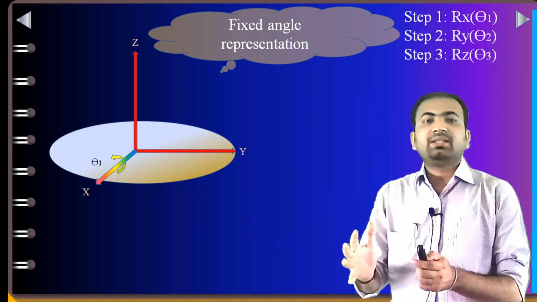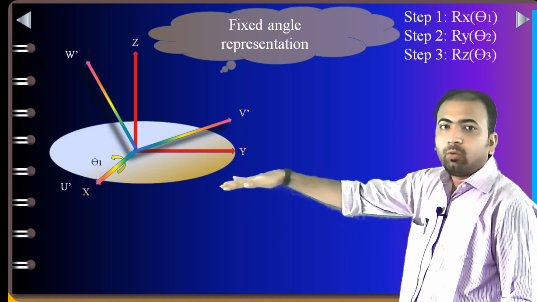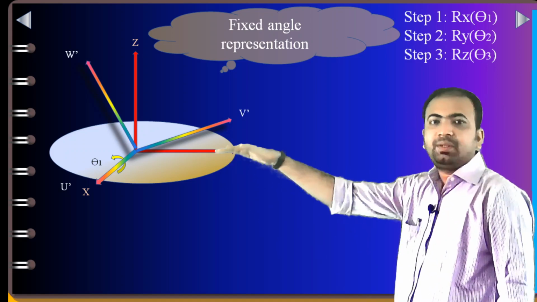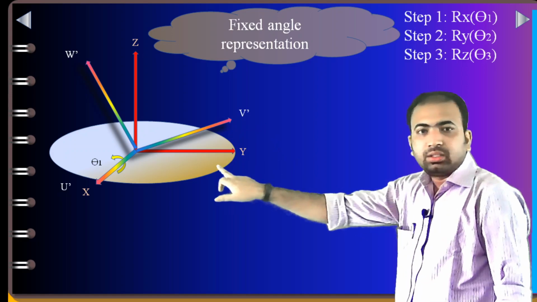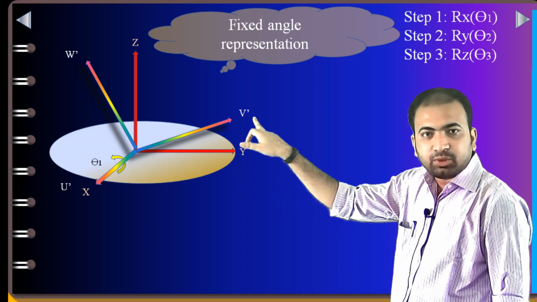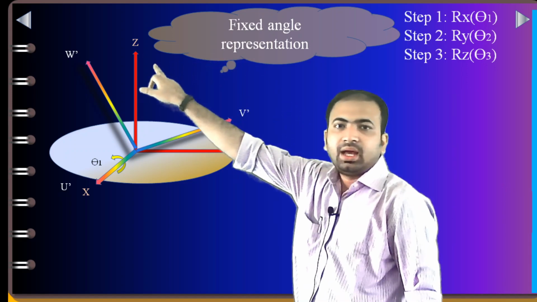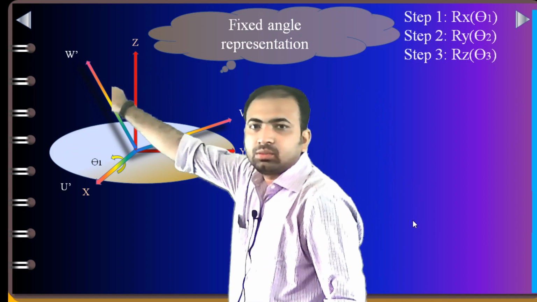So what happens in this case? You will find that the frame XYZ has been rotated, and now y has moved to the v dash position, and z has moved to the w dash position.